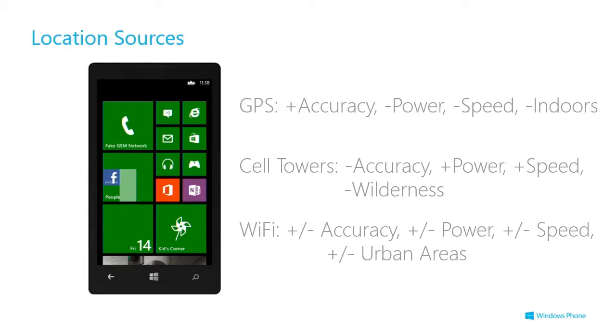So the second method it will use for getting location is cell tower triangulation. Your phone at any point in time has sight of probably two or even more cell towers. So it's always scanning around to find the best cell tower to connect to, to give you the best mobile connection, best signal strength. It can use that information because it knows where cell towers are located, and it can look at the signal strength it's getting from them.